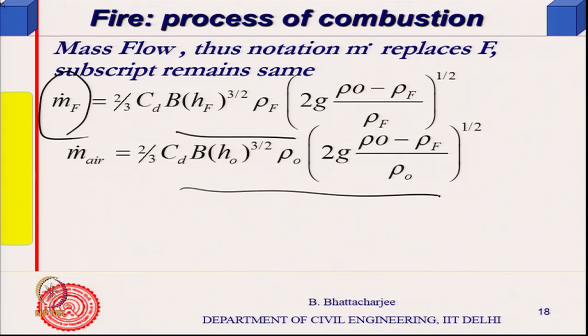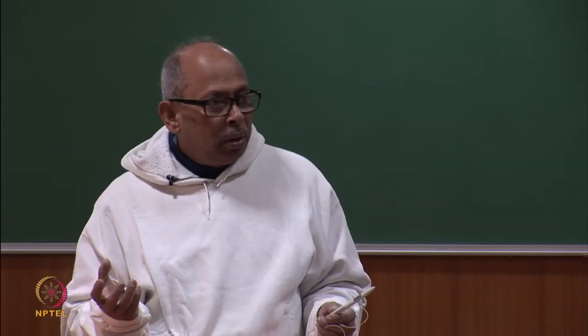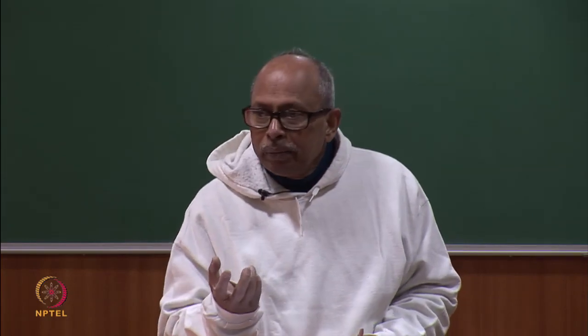Now, actually, sum total, I can do a summation in some manner. Supposing 1 kg of fuel reacts with r kg of air fully, because there has to be a stoichiometric ratio. Whatever air comes in, all of it will get consumed.